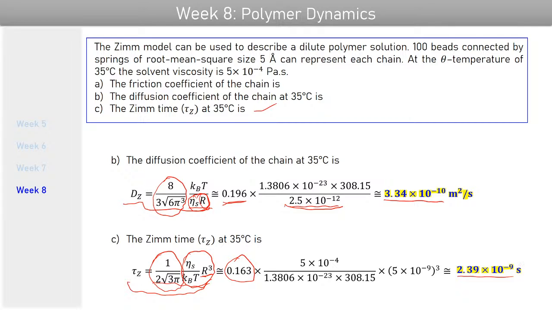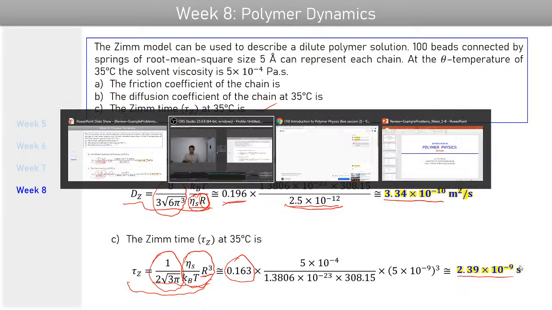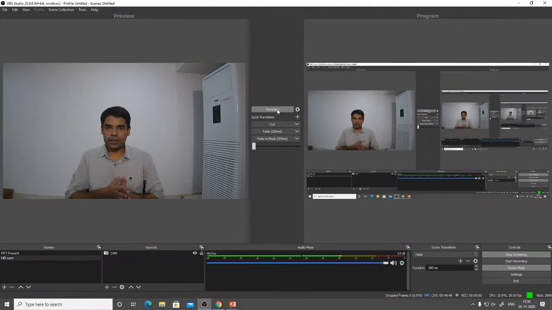So for questions or problems of this kind, the expressions are all available, so we can use them. The only thing is that in some cases we'll need to calculate the size of the polymer, depending on the information given. After that you can just substitute the appropriate quantities in the expressions to obtain the final results.